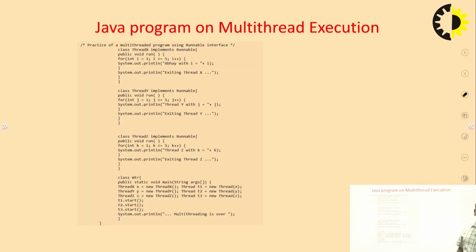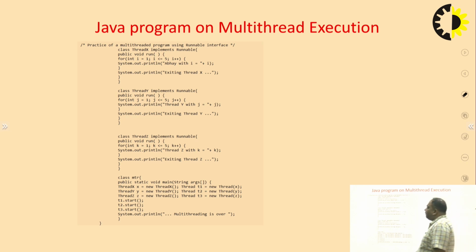Now comes the Java program on multi-threaded execution. What have we done in this program? We have created one class, ThreadX, which implements Runnable. By using void run we give a method for the thread. We have given some count for the thread, meaning how many times the thread will execute.